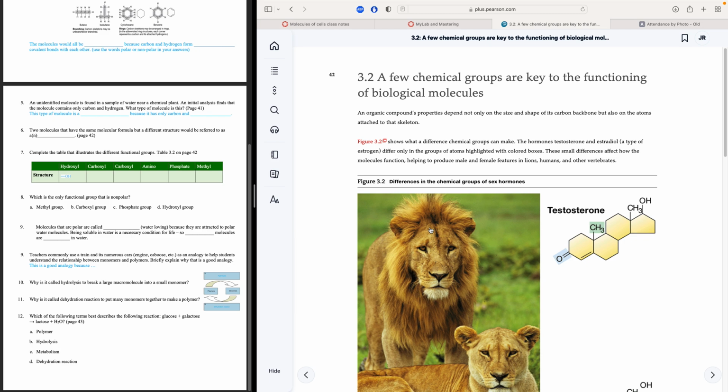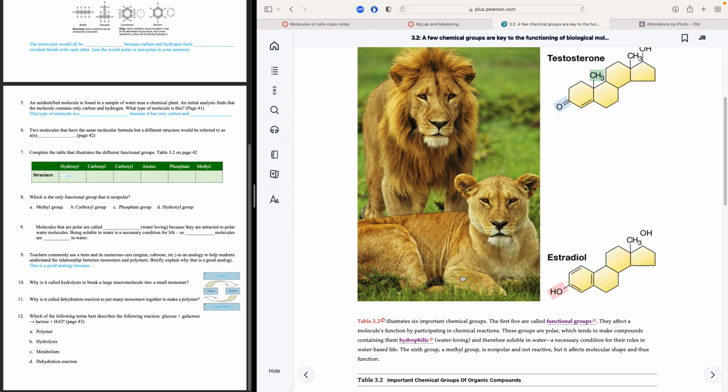Two molecules that have the same molecular formula but different structures would be referred to as isomers.